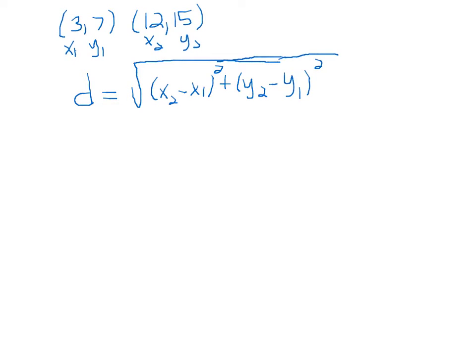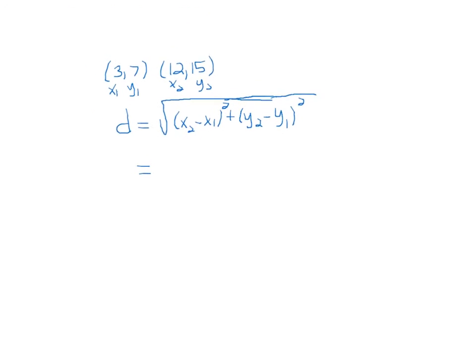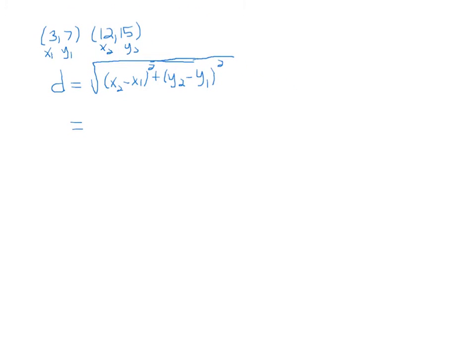So when I enter this into my formula, I'm going to get the square root of x2, which is 12, minus my x1, which is 3, and we're going to square that quantity. And we're going to add to that my y sub 2, which is 15, and I'm subtracting from that 7, and then we're going to square that.